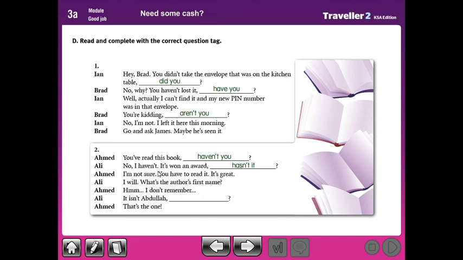I am not sure. You have to read it. It's great. I will. What's the author's first name? I don't remember. It isn't Abdullah, so we say is it. That's the one. Thanks. See you next time again, inshallah.